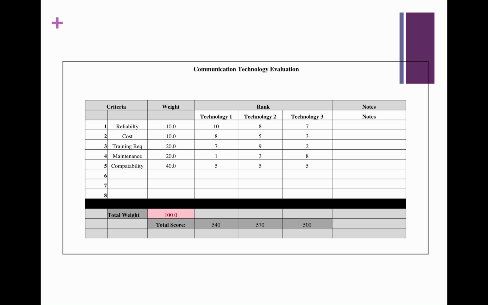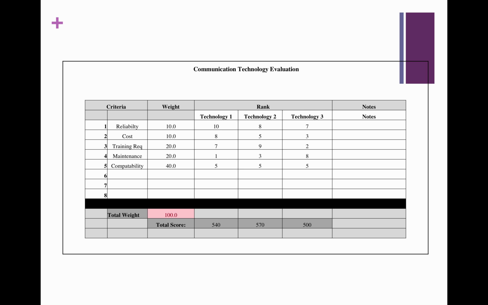So for example, in this example, technology 2 has the highest score. So we'll make the case that technology 2 best suits our needs overall for whatever application. And again, this is a very generic example, and you determine the criteria and the weight, and even the ranks.